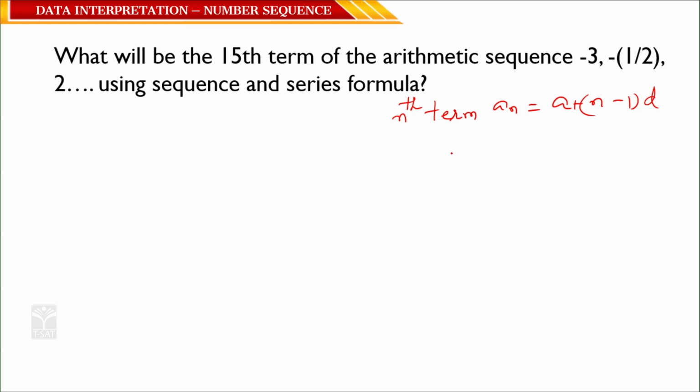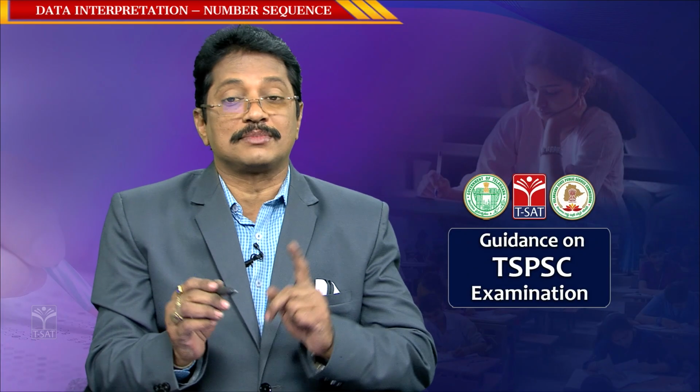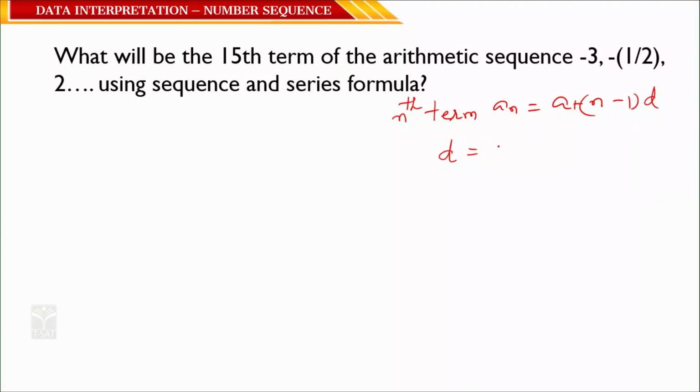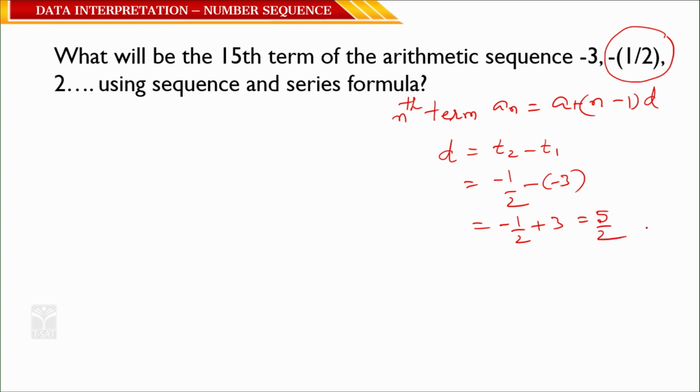You can find the common difference d by the difference of two successive terms, that is t2 - t1 gives d. What is t2 here? -1/2. And the first term is -3. So you get -1/2 - (-3), that is -1/2 + 3, 3 twos are 6, 6 - 1 is 5. So, 5/2 is the common difference.